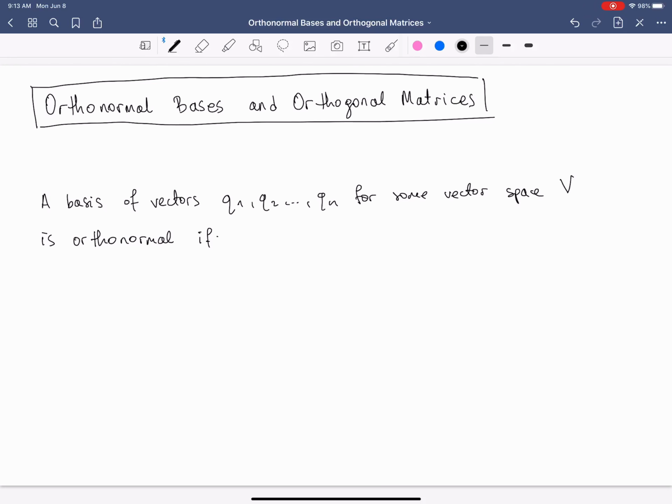if there are two conditions that need to be satisfied: the ortho part and the normal part. Condition number one is that the vectors are mutually orthogonal.